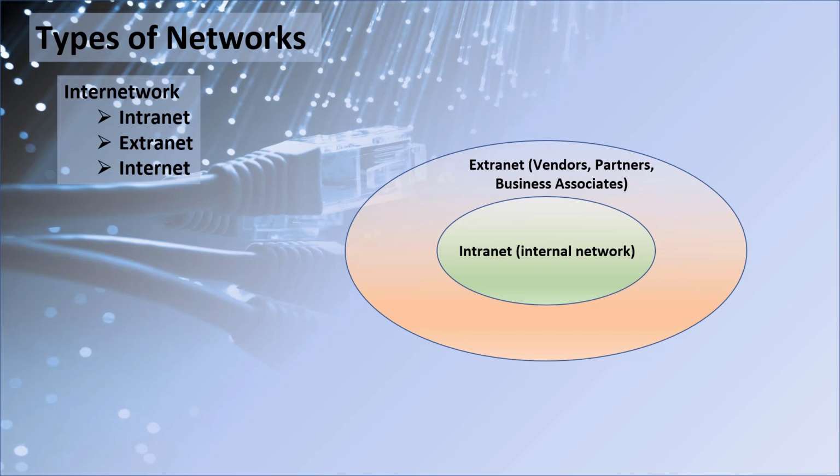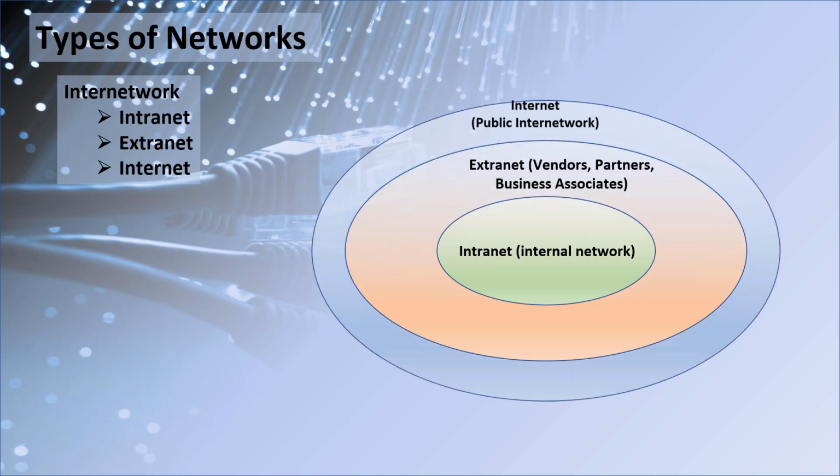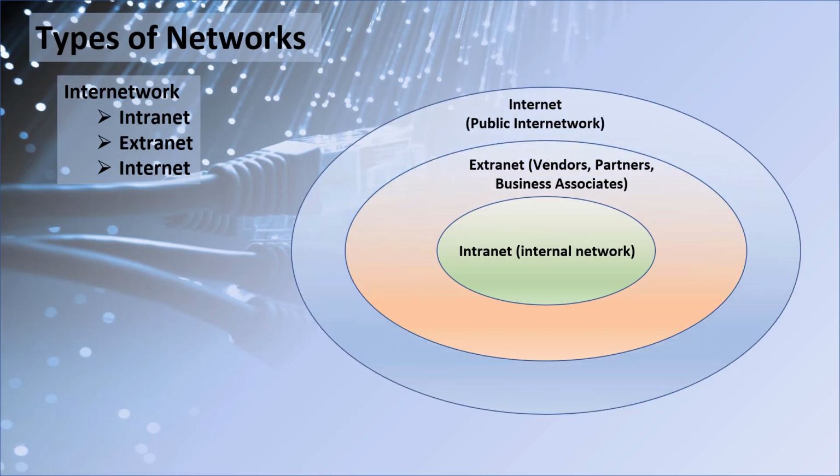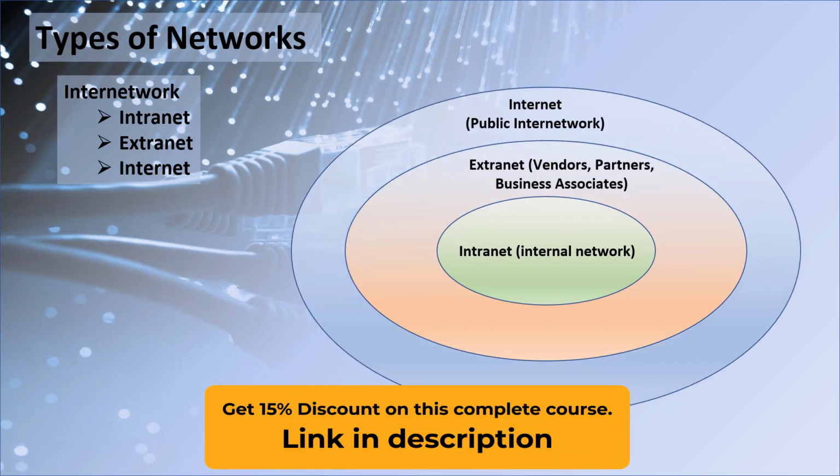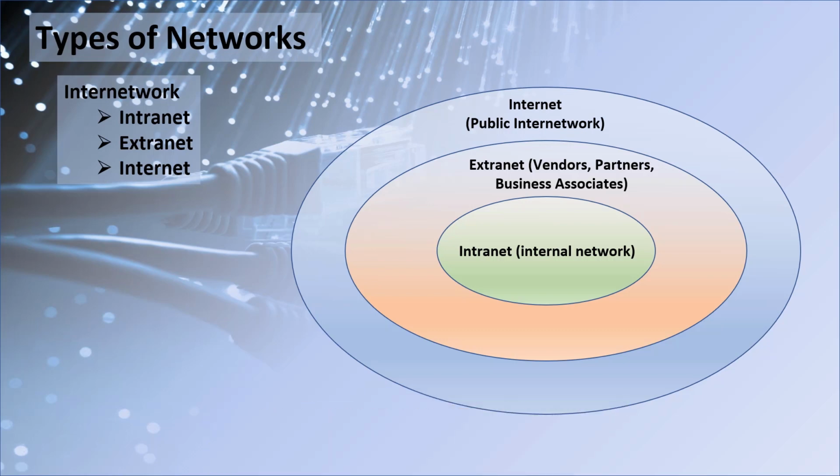In that case, external users will be given limited access to the services in the intranet, and that is called extranet. Now if we talk about the internet, as we all know, it is a public network, so anyone and everyone can access it. It is the largest network of networks.